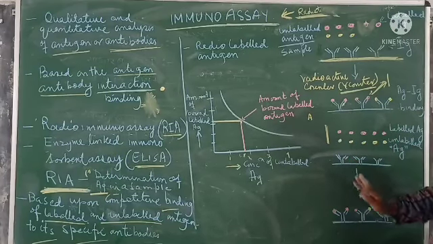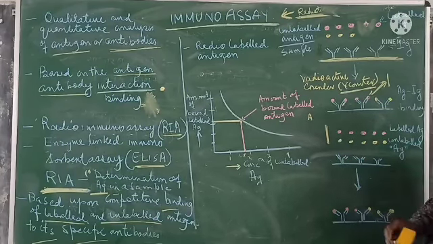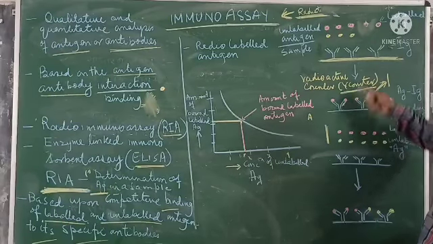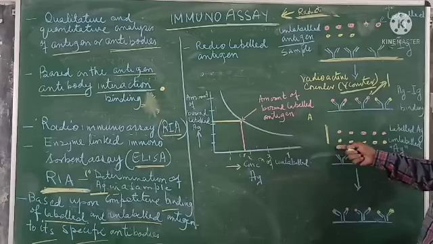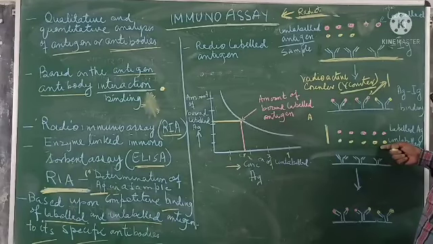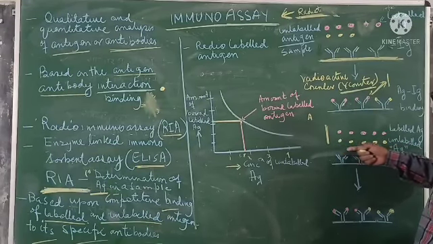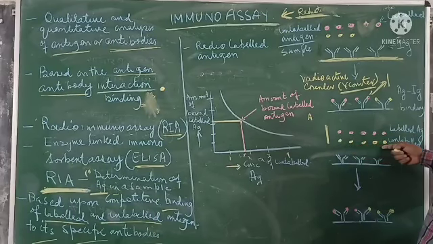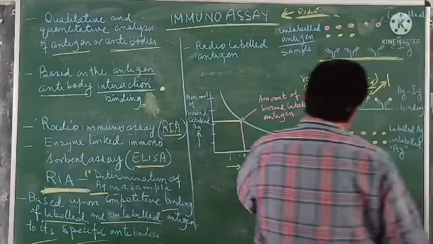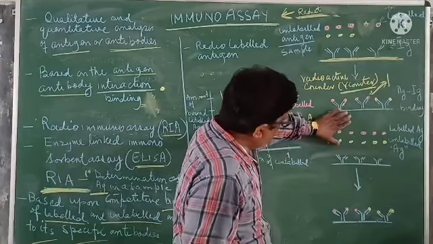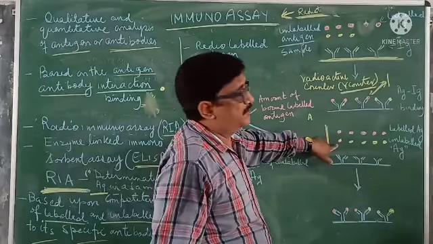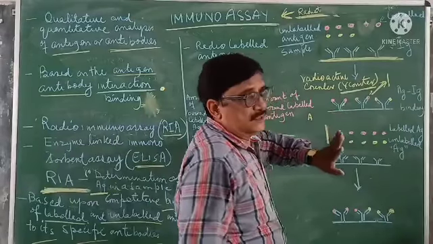The amount of labeled antigen is also fixed, but the amount of unlabeled antigen is increased over here. That means here the concentrations of labeled antigen and unlabeled antigen are equal.